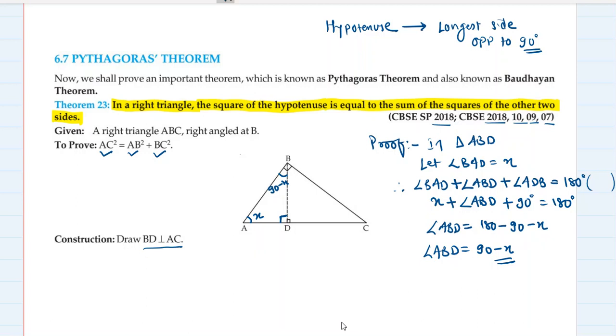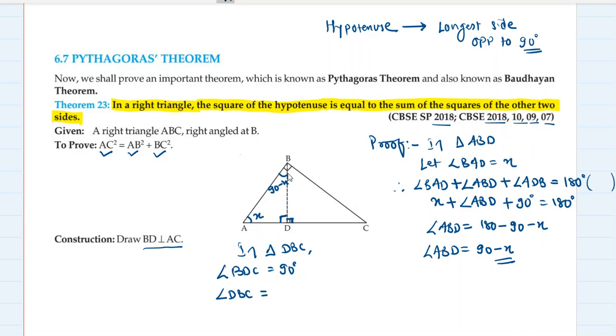What next? Next we can consider triangle DBC. In triangle DBC, angle BDC is equal to 90. Why? BD is perpendicular to AC. Now angle DBC, listen to me very carefully.